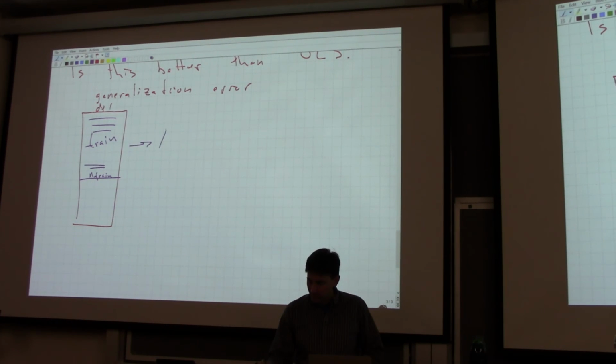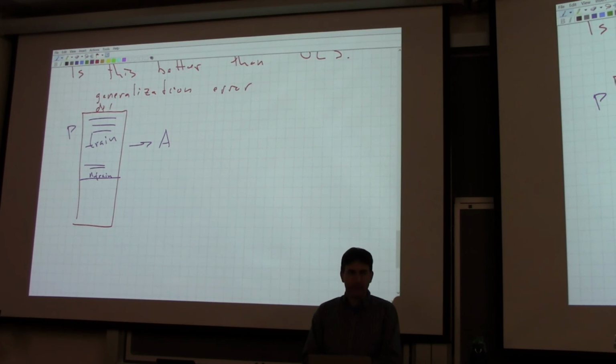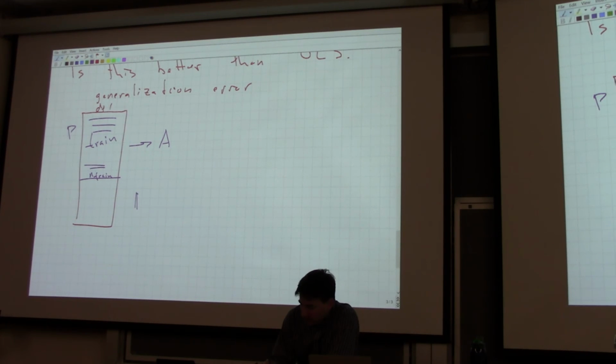This one is going to build a model A. Then you want to measure the error on the held-out data, where the Y coordinate is missing.